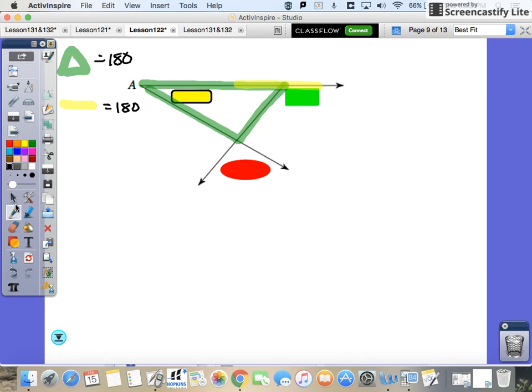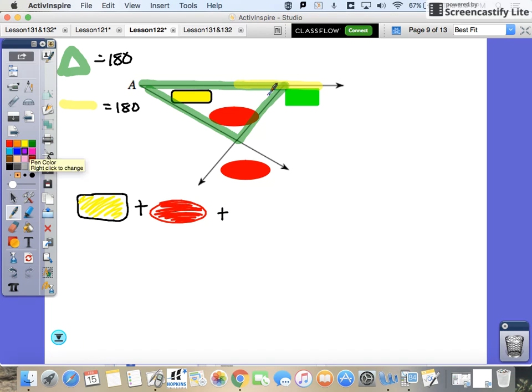So a couple things that we do know is that these two are called vertical angles. So those two angles right there and there are exactly the same. The other thing we know is that the yellow rectangle and the red oval plus this angle right here equals 180 because it's a triangle.